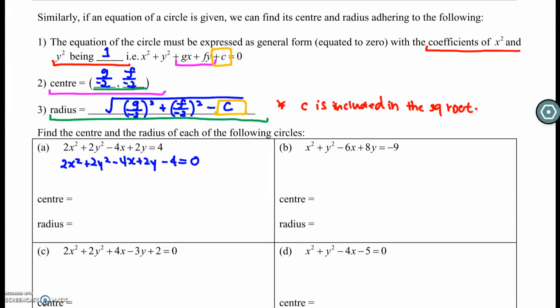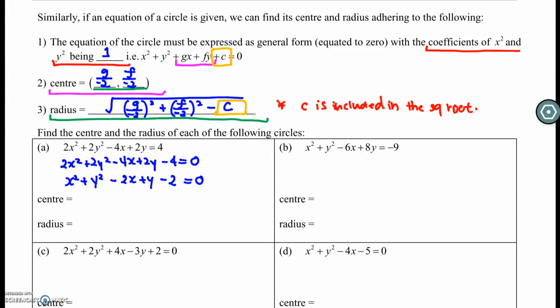The second condition is to ensure that the coefficient of x squared and y squared being 1. In this case, the coefficient of x squared and y squared is both 2, so we have to divide the equation throughout by 2, giving us x squared plus y squared minus 2x plus y minus 2 equals to 0. Since the first two conditions are fulfilled, we are done with step 1.